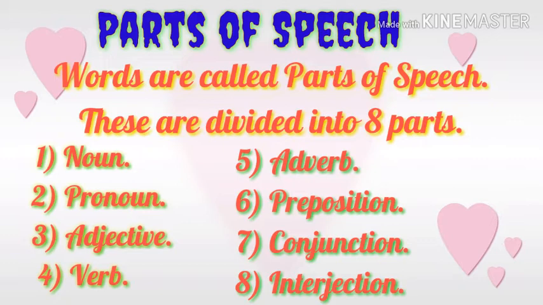Okay? If someone asks you how many kinds of parts of speech there are, what will you say? That there are 8 parts of speech, and they are noun, pronoun, adjective, verb, adverb, preposition, conjunction, and interjection.